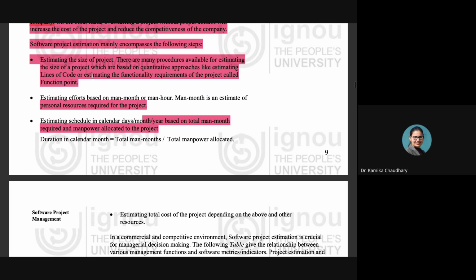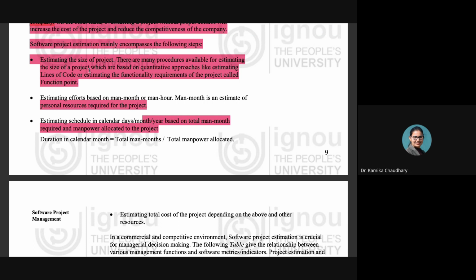SESC, that is how we remember them. SESC means the first S is size, E is efforts, the second S is schedule, and C is cost. So the abbreviation we make use of in the estimation of a software project is SESC.